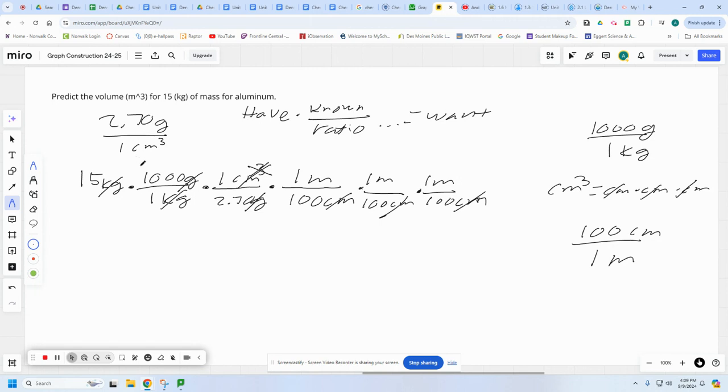And remember, when you do the math on this in the multiplication, you're multiplying across the top. You are not multiplying the 15 times the denominator, but you are going across the denominator all the way.